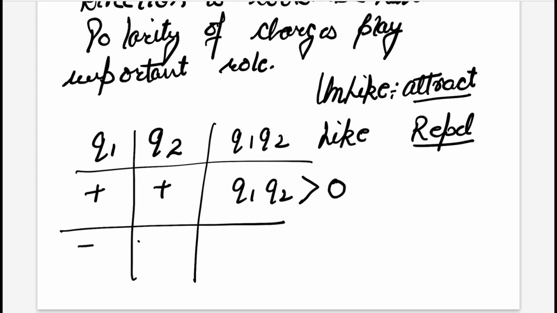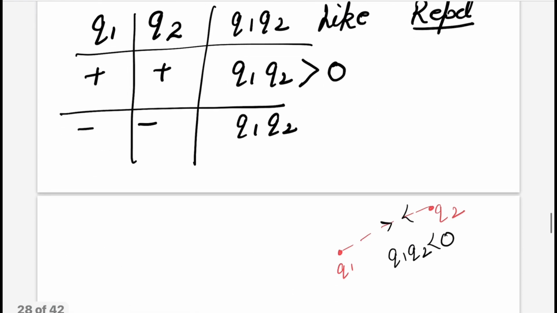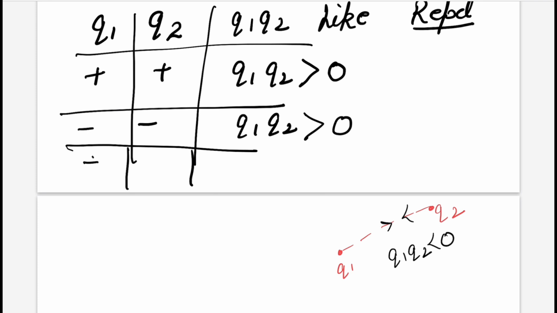If both the charges are negative, then again negative multiplied with negative will give you a positive number. So again the product will be greater than 0. But if you have unlike charges, one charge is positive and another is negative, or the first one is negative and another one is positive, their product will be a negative number and Q1 into Q2 will be less than 0.